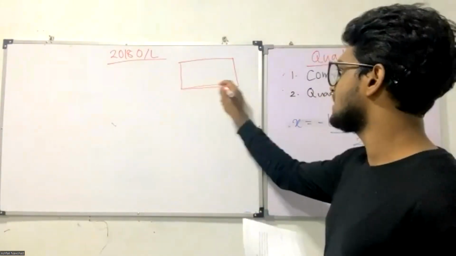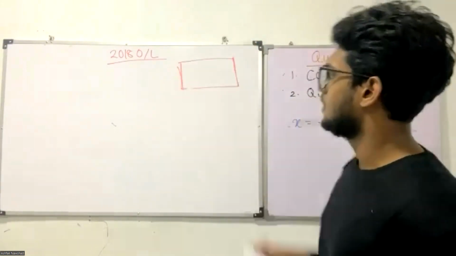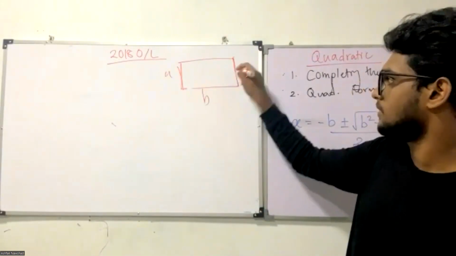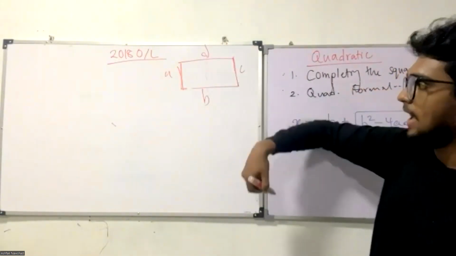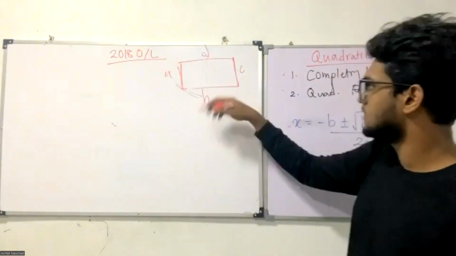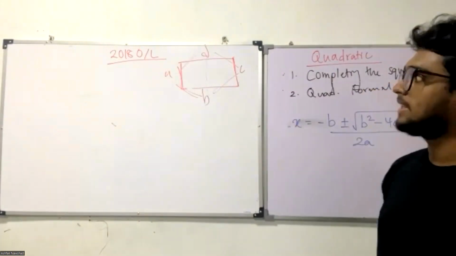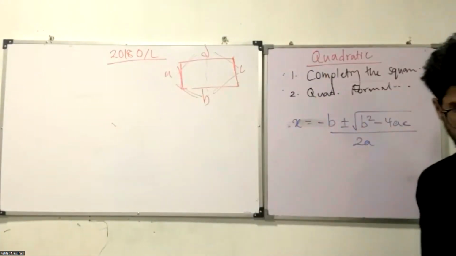For example, if I took this side, the adjacent side is this or else this. Like I name the sides A, B, C, D. So B and D are opposite sides. Adjacent sides are A, B, C, D. Likewise, A, D. These are adjacent sides, the sides nearby.